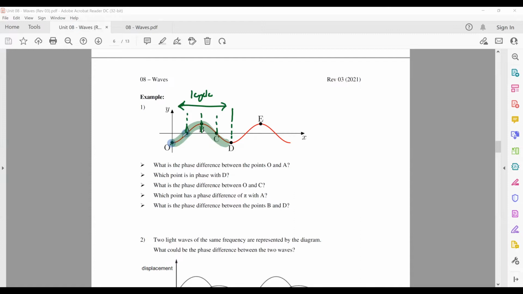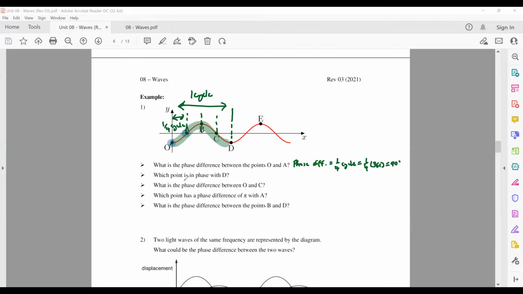So if I'm talking about points A and B, this one I know is definitely a quarter of a cycle. So what's the phase difference between points A and B? A quarter of 360, giving me 90 degrees.